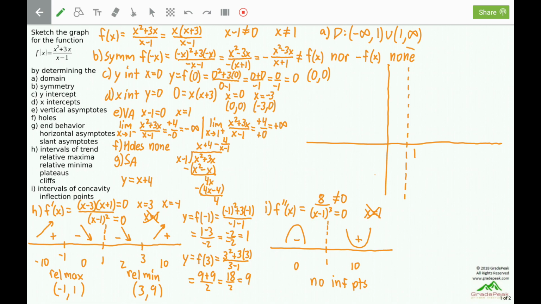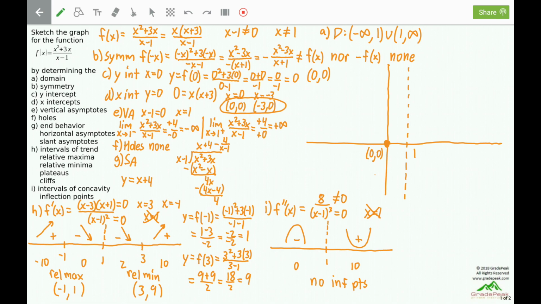We had no symmetry. We have a y-intercept of the origin. We can label that. We had two x-intercepts, the origin being one of them.